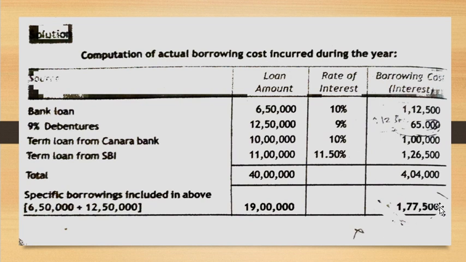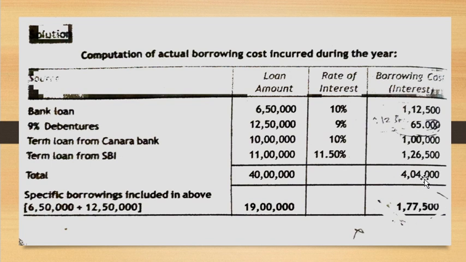There is a condition stated here, as we discussed in the borrowing cost theory. It states that the borrowing cost or the interest amount to be capitalized shouldn't exceed the borrowing cost.